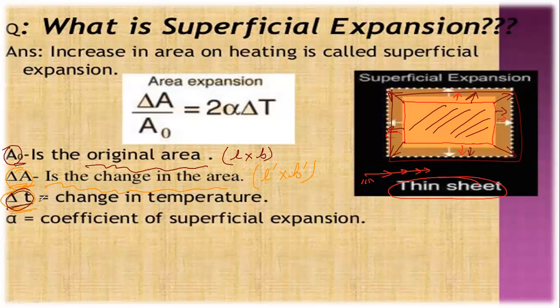So you have to see that only due to the change in temperature would this expansion be observed. And how much we increase the heat, on the basis of that only we will observe how much expansion has been done.